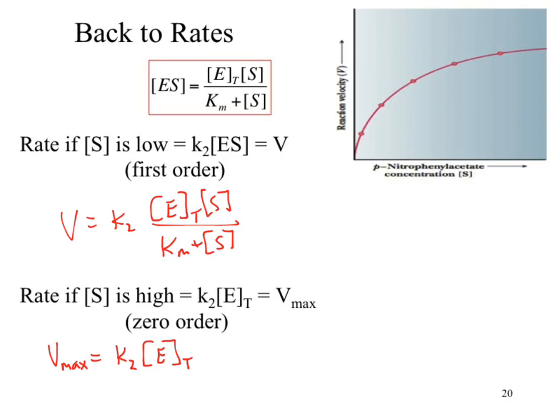Well, what things could I potentially get? I can get my velocity. I know my enzyme concentration. I know my substrates. So I'm running into this issue with K2 and Km. Are we solving K2? What if I take this expression and rearrange it to solve for K2?